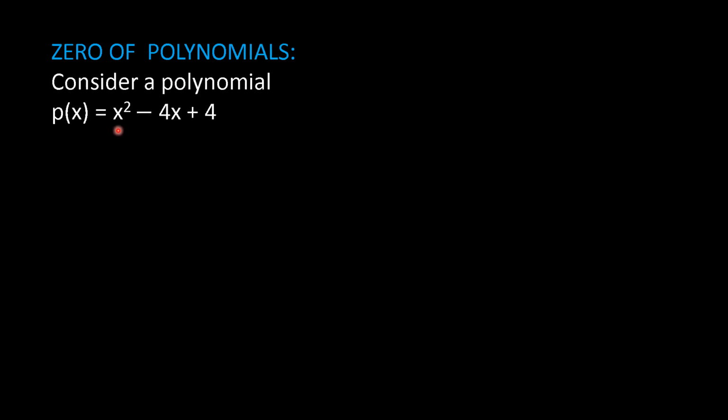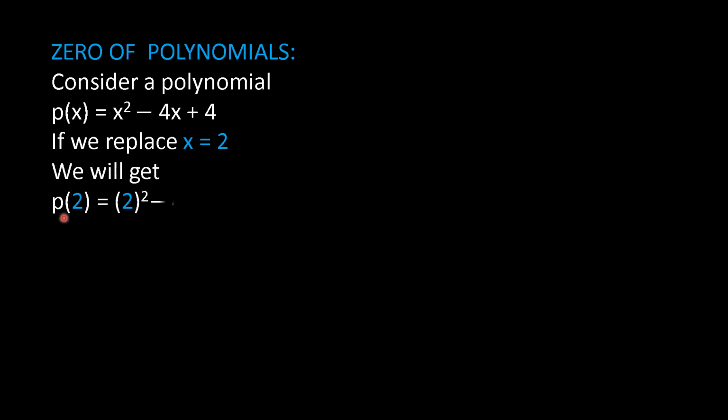Now we will understand what is the zero of a polynomial. Consider a polynomial p(x) = x² − 4x + 4. If we replace x by 2, we will get p(2) = 2² − 4 × 2 + 4.